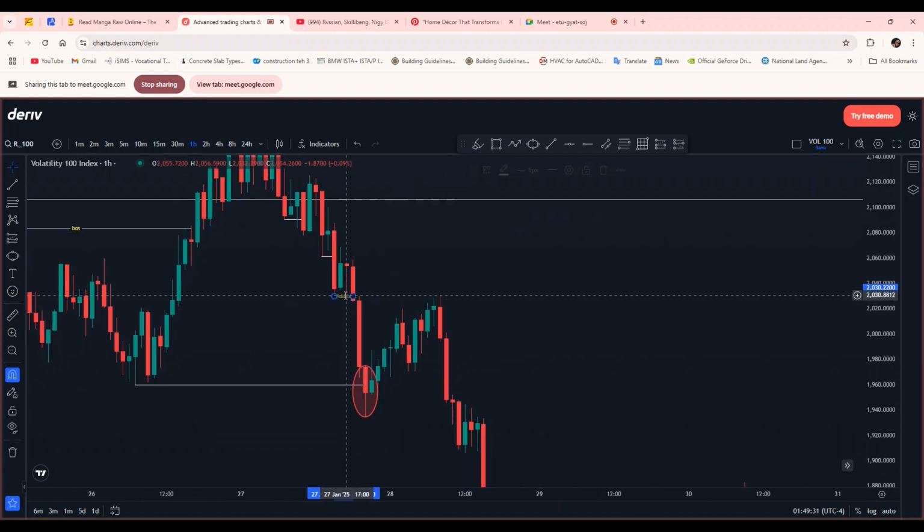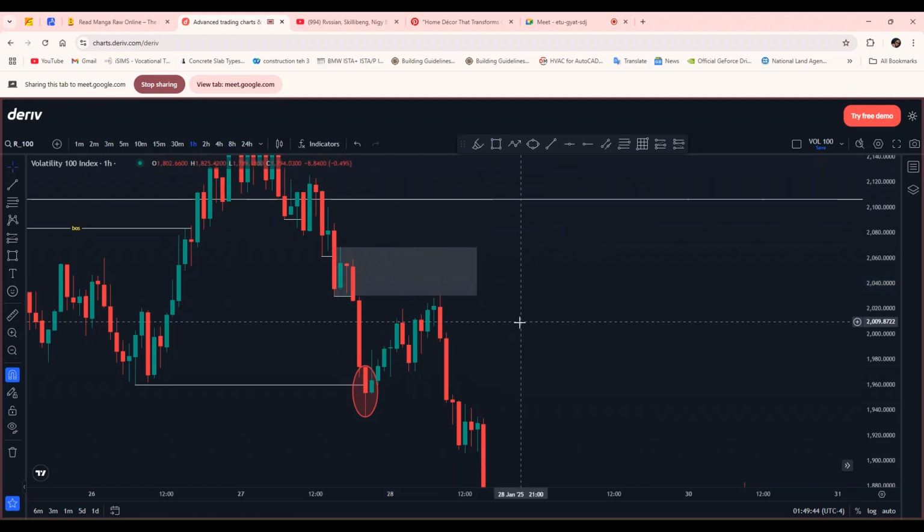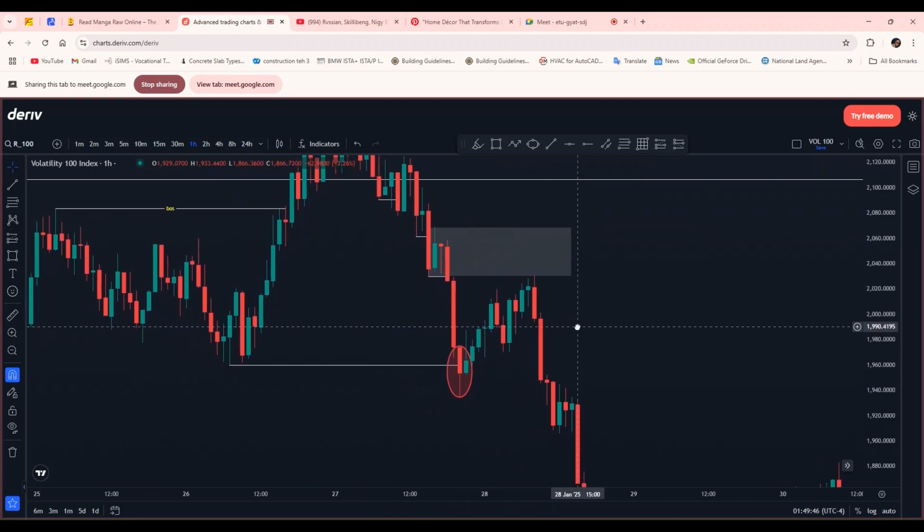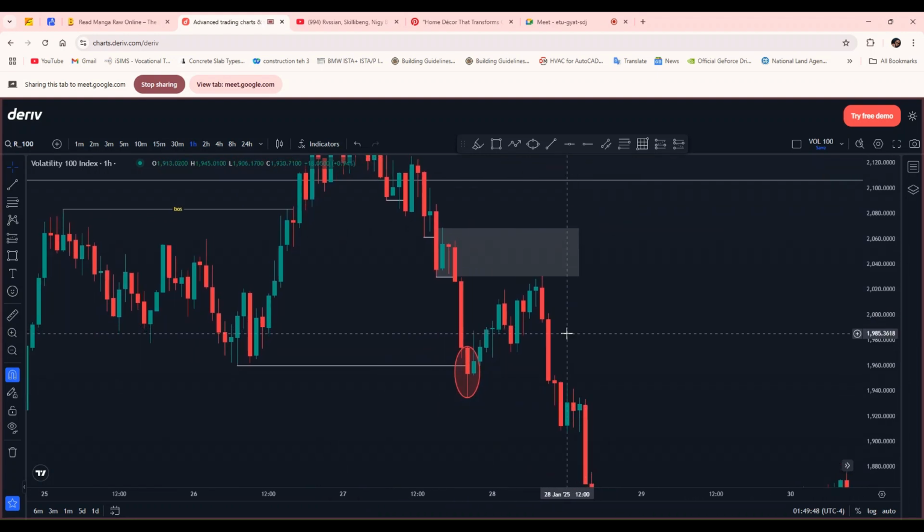So the last breakup structure, where the market broke structure, we're going to use this area as an area of supply, because that is going to be the last place that the market is going to go back and retest in an uptrend before it decides to sell again.